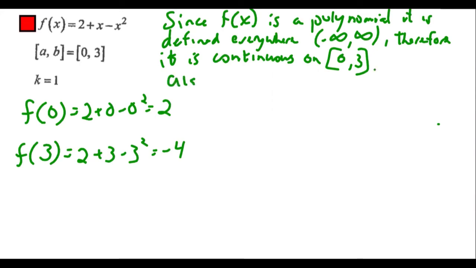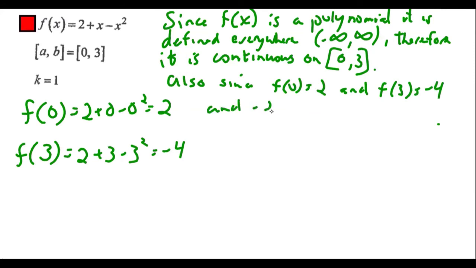Also, since f of 0 equals 2 and f of 3 equals negative 4, negative 4 is less than or equal to 1, which is less than or equal to 2. The intermediate value theorem applies.